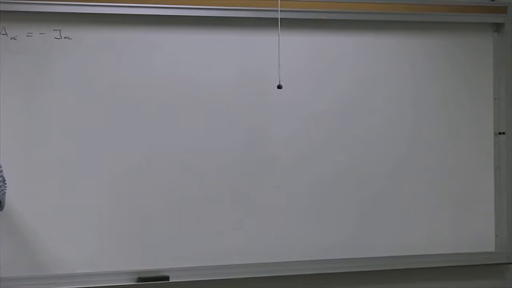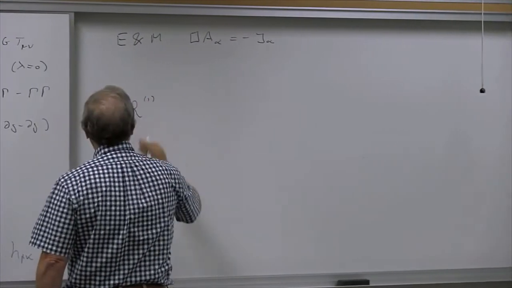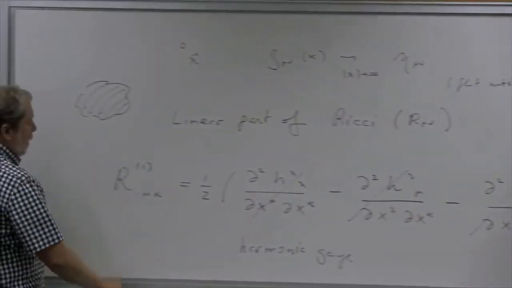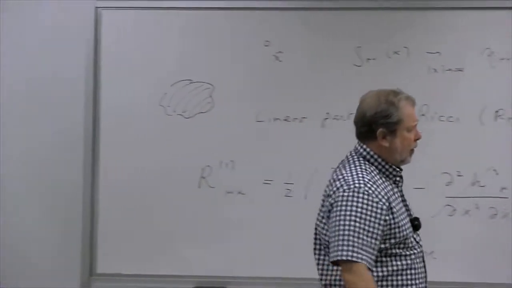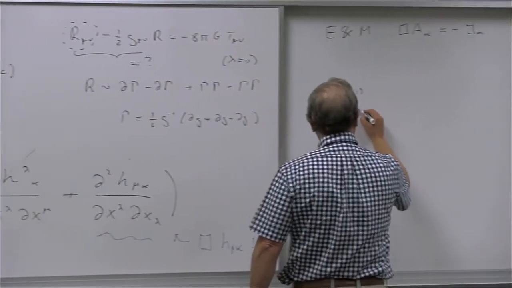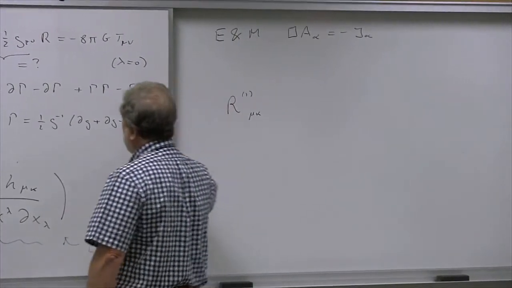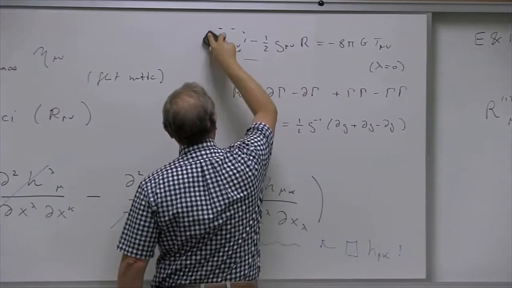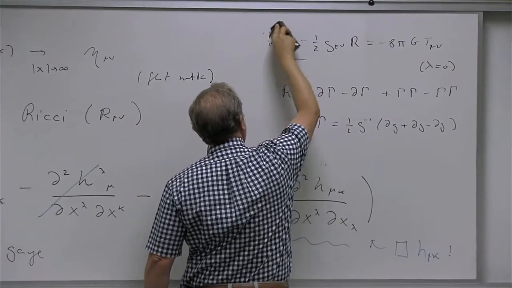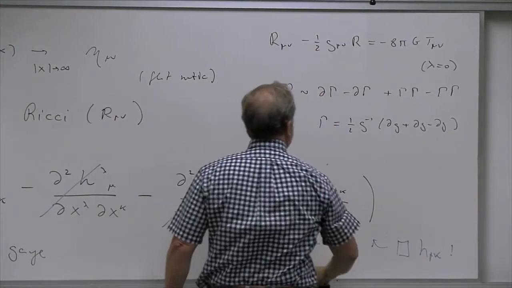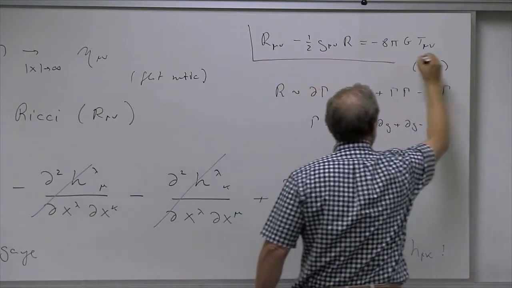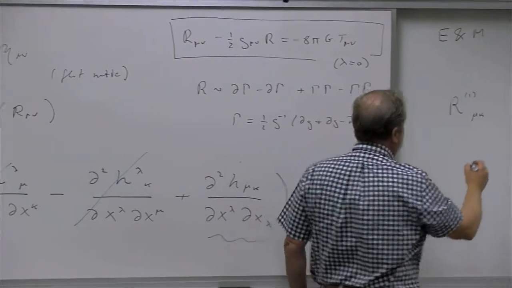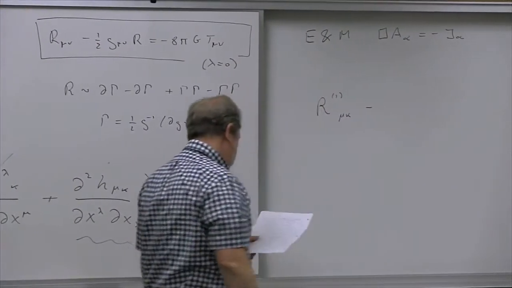And so what we do is take this expression for the linear part of the Ricci tensor, R1 mu k. Well, that's not the whole field equation, because the field equation does not contain just the Ricci tensor. It contains also this other part, but we have the linear part of that, and then of course the linear part of the Ricci scalar.